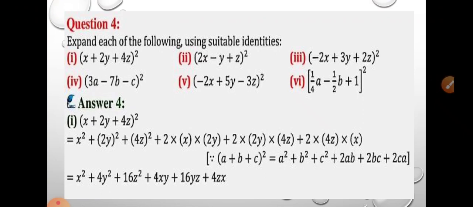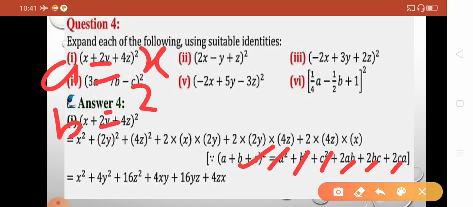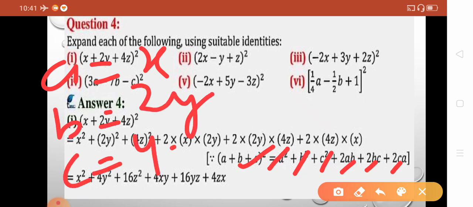Expand each of the following using suitable identities. Here you have to use the square of a trinomial formula. You are given an identity, the square of a trinomial. That means (x + y + z)², or (a + b + c)². And the formula is a² + b² + c² + 2ab + 2bc + 2ca. Simply, the value of a is x, the value of b is 2y, and the value of c is 4z.